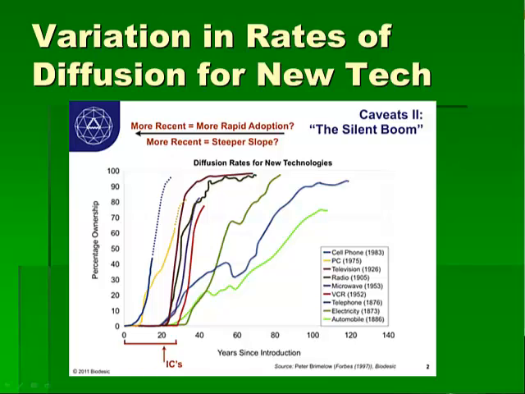Somewhat slower are automobiles and electricity. The telephone itself, since it was introduced in 1876, obviously took a long time to become a nearly ubiquitous feature of most homes.